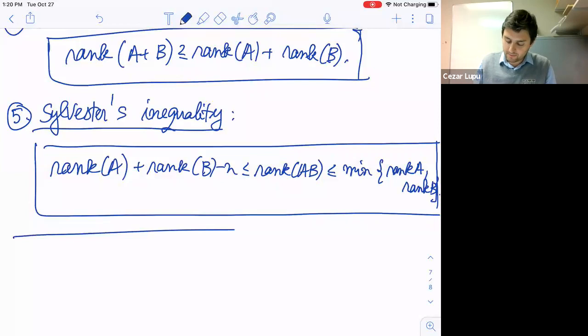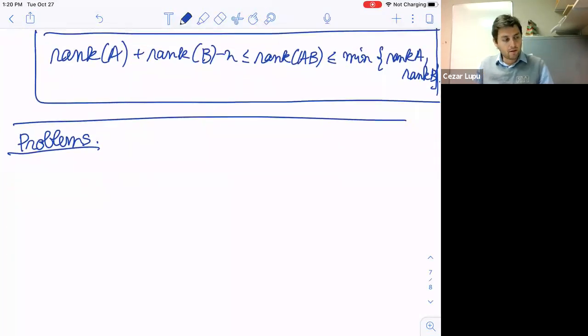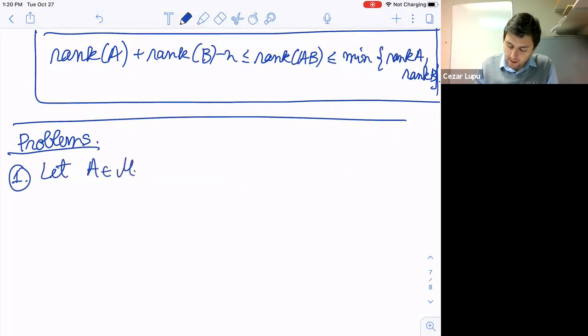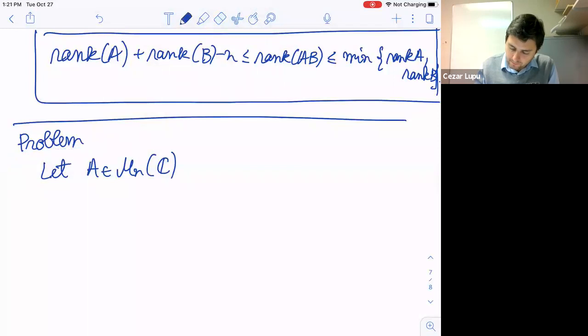Now let's do some problems. The first one that I have in mind is the following. Let A be in M_n of C. In fact, let me write it like this. So it's problem 1 here.